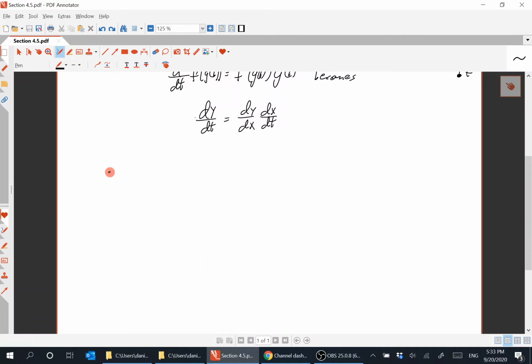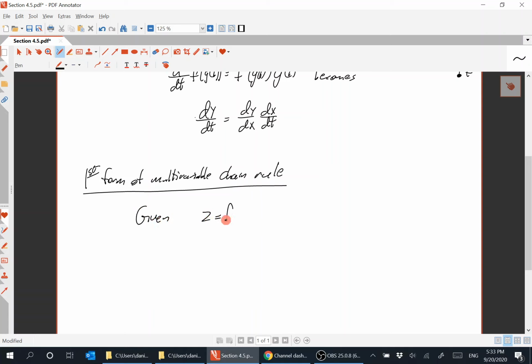Now, with multivariable calculus, there are many different forms of the chain rule, but they're all similar.